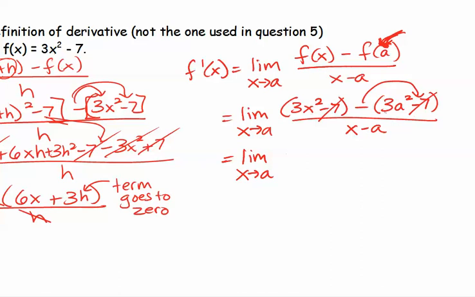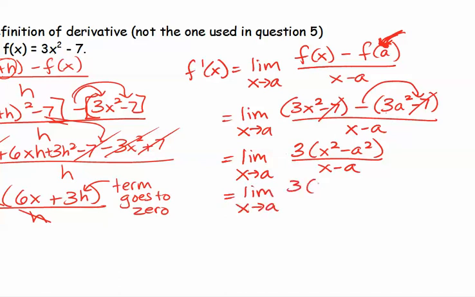And now our numerator is set up with just 2 terms. So we can factor the 3 out. And you could, of course, do both of these factoring steps at once. I suspect you already see the factor that's going to cancel.